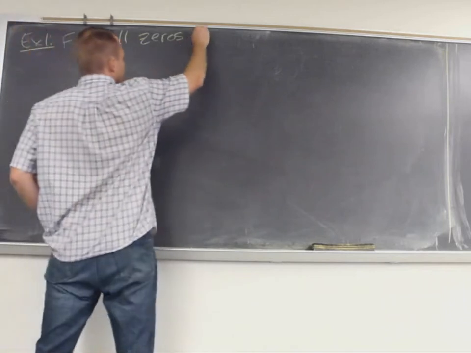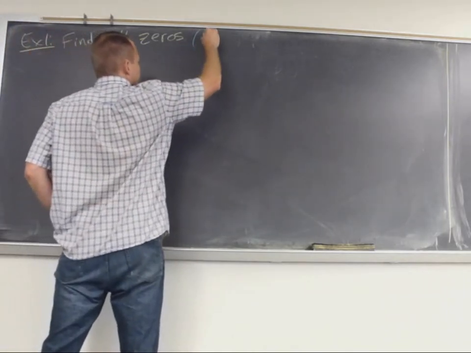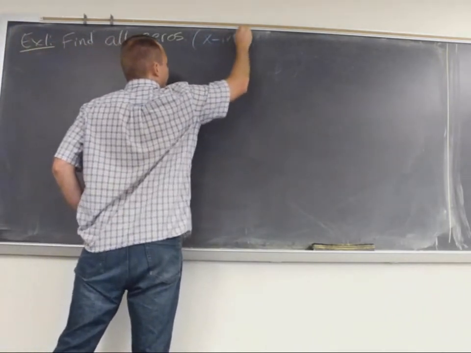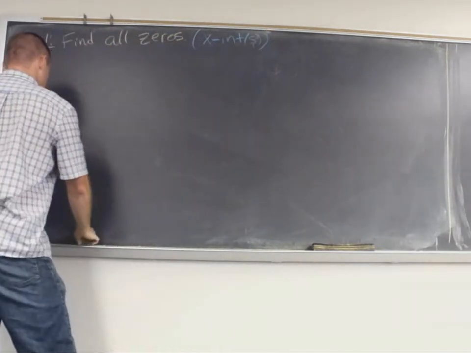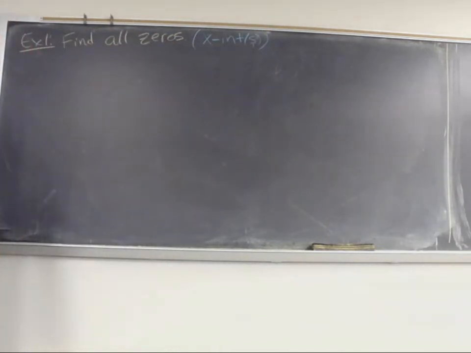We already know how to do it. Zeros means x-intercepts. So whenever you see find all zeros, it's referring to x-intercepts. So keep that in mind. You'll start seeing find all zeros a lot more often.